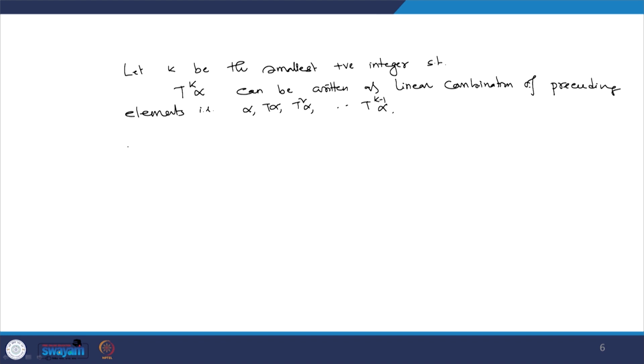So, that implies T to the power k alpha equals, one can write, minus a_(k-1) T^(k-1) alpha minus a_(k-2) T^(k-2) alpha and like this, minus a_1 T alpha and minus a_0 alpha.